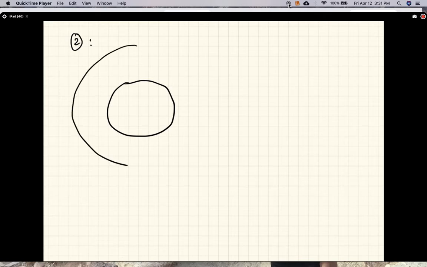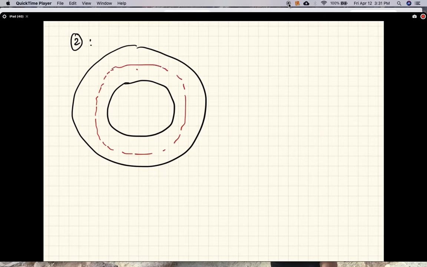Here is the loop, and now we're doing an integral along this loop. The current is flowing in, so the magnetic field is pointing like that. Oh, no, the magnetic field will be pointing like this. So let me erase that.